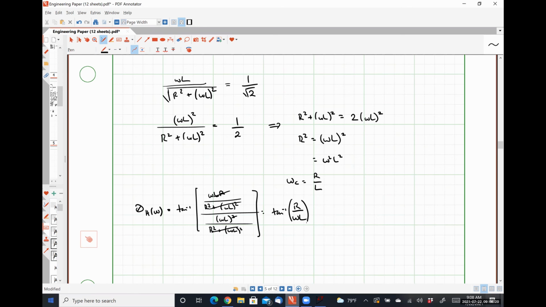So we're running out of time. What do you think is going to happen when we change the position of the inductor and the resistor?